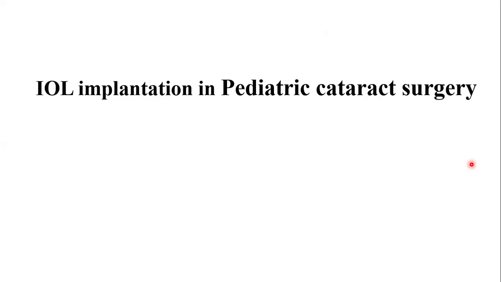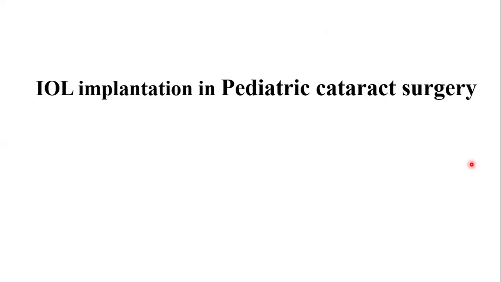Okay, so again, one debatable point in pediatric cataract cases, IOL implantation. So when do we usually implant IOLs? Usually we implant after 2 years, but nowadays even after 1 year, they say. Okay, so there is one important factor. If it is unilateral, when will you implant?